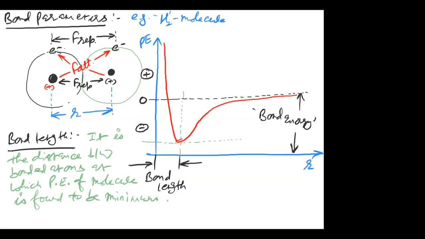It is the distance between two bonded atoms at which potential energy of the molecule is found to be minimum. So at a given bond length, the potential energy of, let's say, an H2 molecule is found to be minimum.